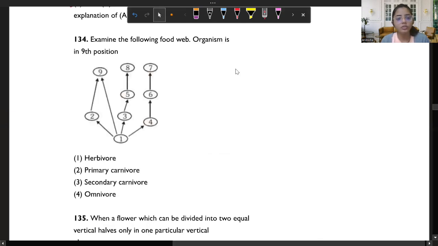Moving on to 134. Examine the food web, organism in ninth position. So this is a herbivore.